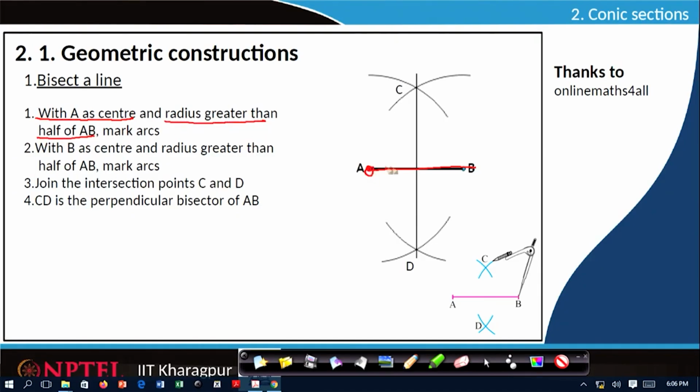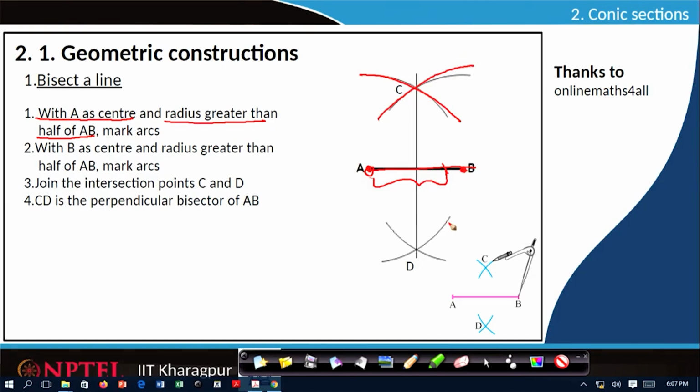The distance from A to B is that, so perhaps I pick this much radius which is more than half of AB, use compass from here, construct an arc. With the same radius from point B also, I will construct one more arc.